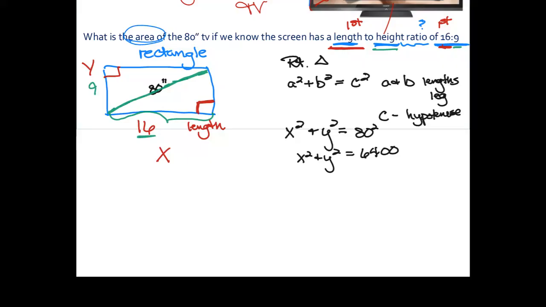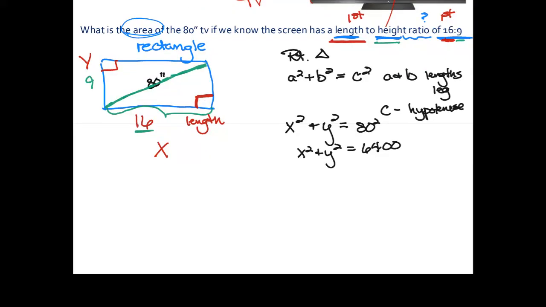I also said this is going to be a multiple of 16, but we don't know which one. 16 times 1 is 16, 16 times 2 is 32, 16 times 3 is 48, 16 times 4 is 64, etc. How can I represent this length using 16? So let's get rid of the x and the y.